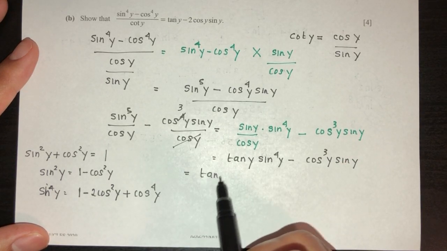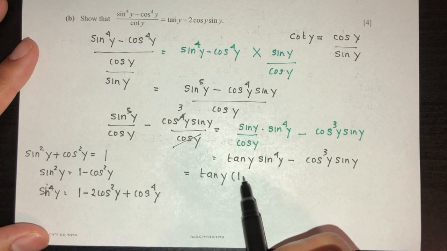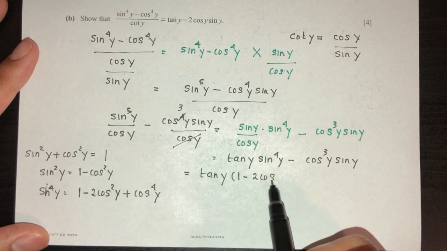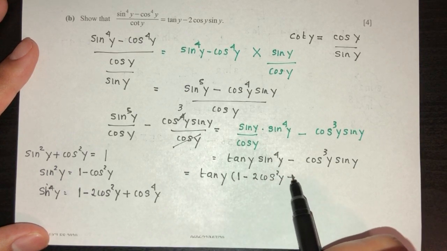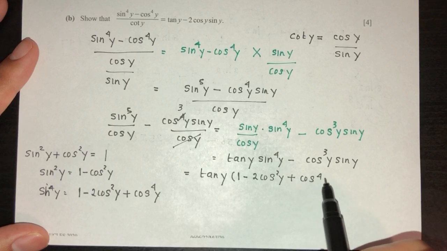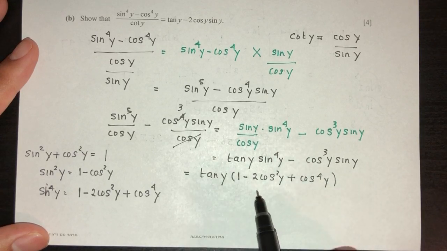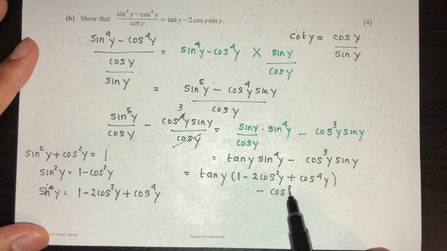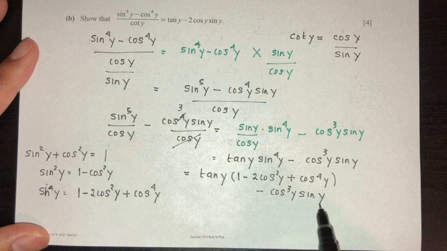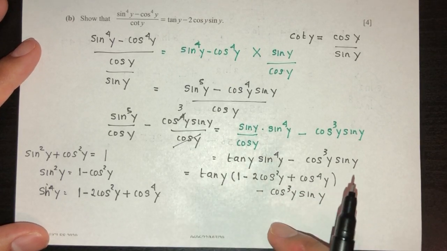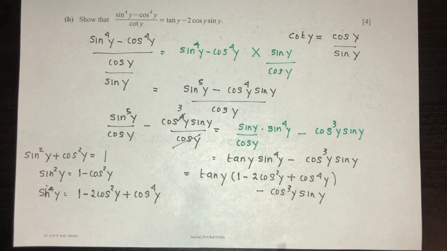You have tan y times 1 minus sine y. I feel like this is not going anywhere because it's really long. It will take a longer time. Let me try something else.